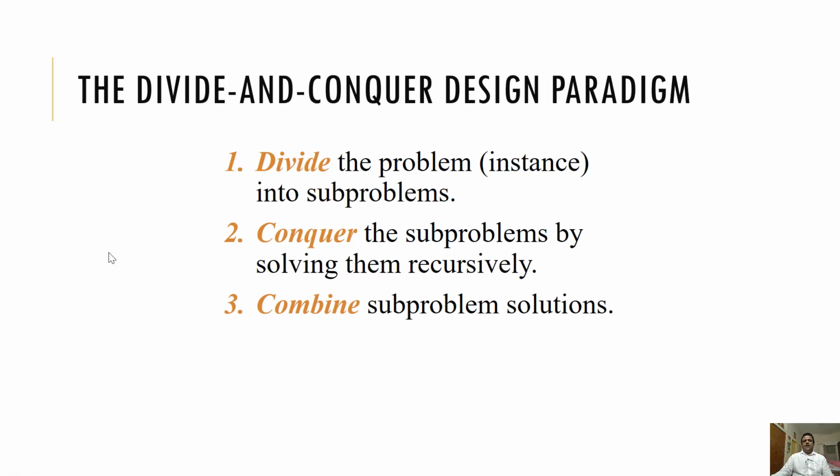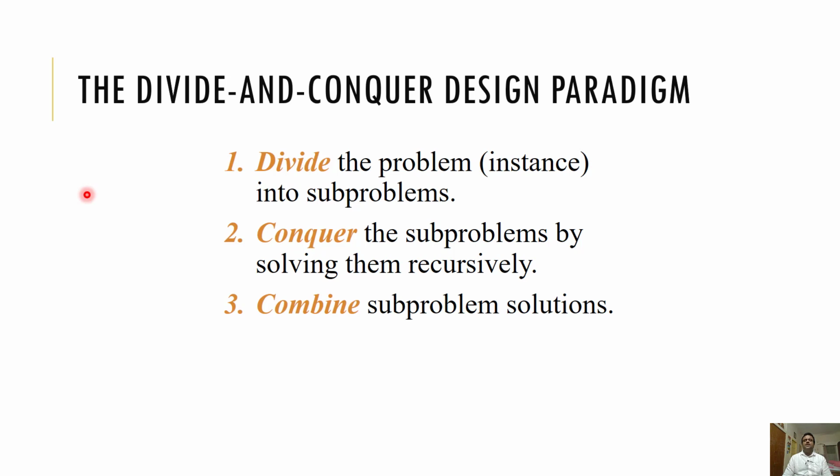The divide and conquer technique has three steps. The first step is divide. We are given a problem and we need to solve it. For example, merge sort comes under this divide and conquer approach. We are given an array of size n and need to sort it.